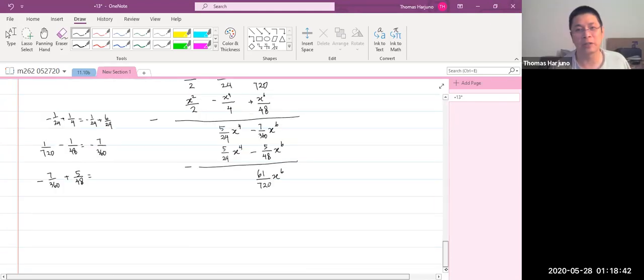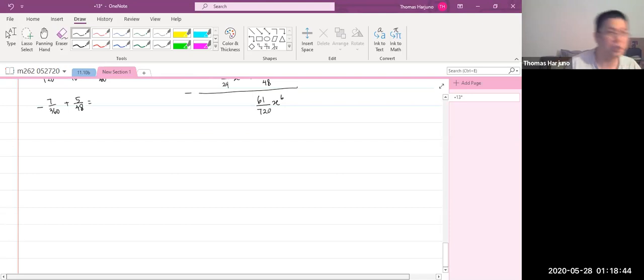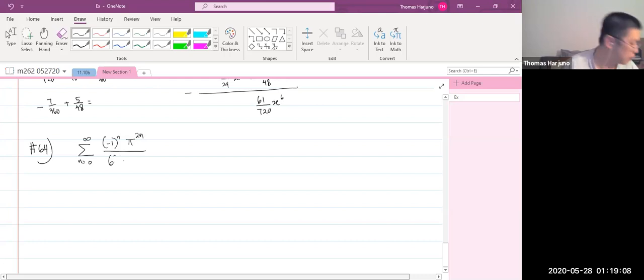The last part here is actually the most interesting one, in my opinion. Number 64, the series from n equals 0 to infinity of negative 1 to the n pi to the 2n over 6 to the 2n times 2n factorial.